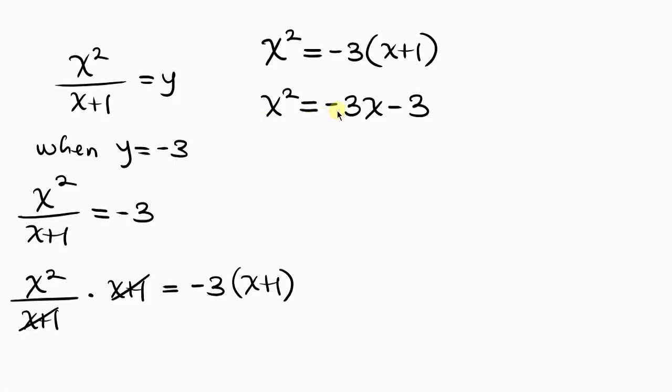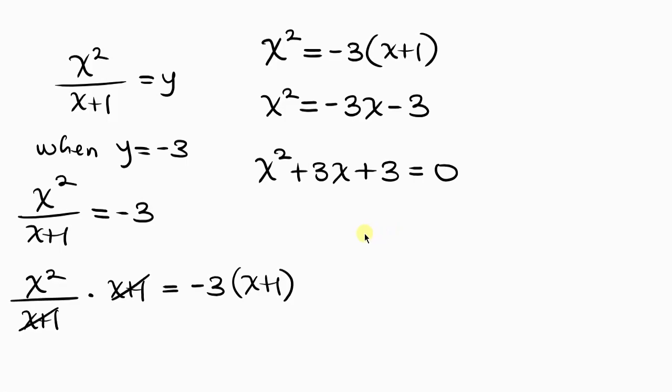So when negative 3x crosses to the left, it becomes positive 3x. So we have x squared plus 3x, and as negative 3 crosses to the left, it becomes plus 3. Very good. And this is equal to 0.